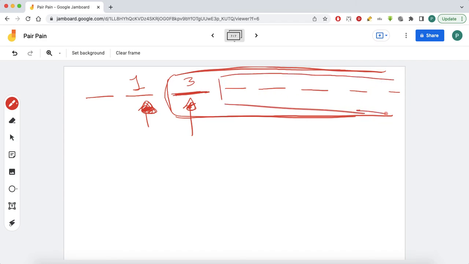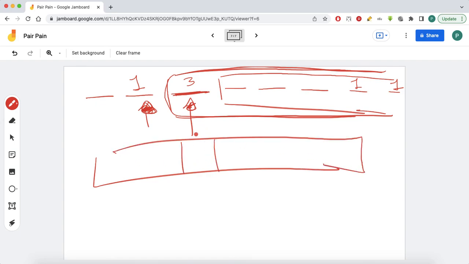on this side. So for that we'll need to pre-compute the count of ones. So let's say the ones on this side are 2. So for this position, the count of ones will be 2. Okay, so we'll add this 2 to our global answer, because 3 1 and 3 1 are the pairs that are getting satisfied.